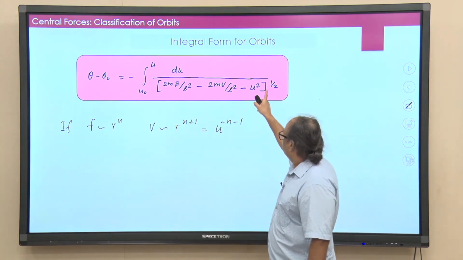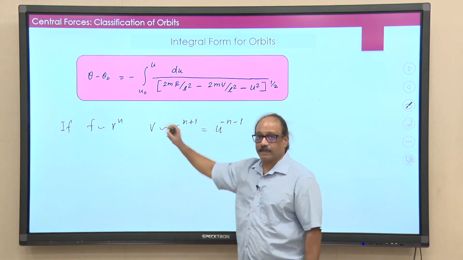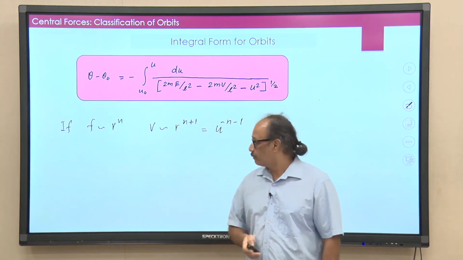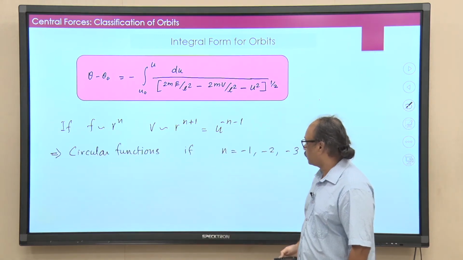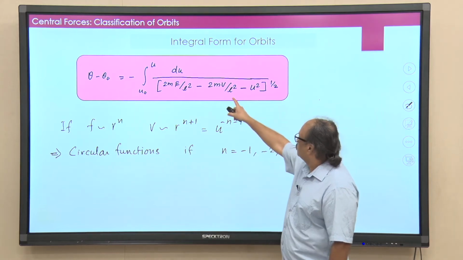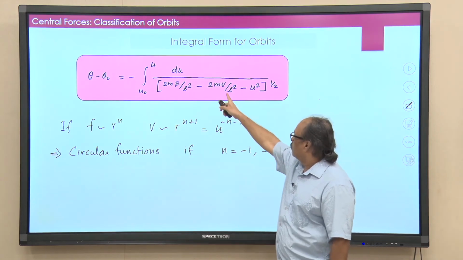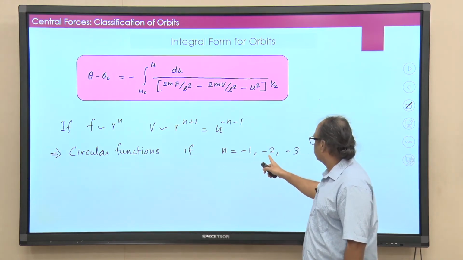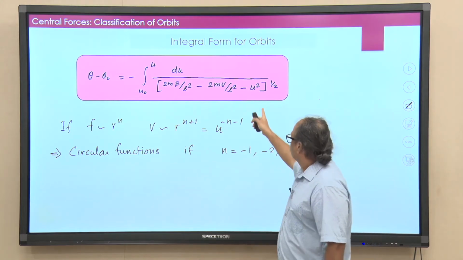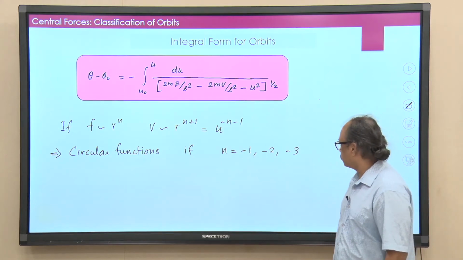So, if the quantity inside this bracket is quadratic, the answer is really simple, and that we can immediately write down. So, I will get circular functions. When will I get a quadratic equation inside this? If n is equal to minus 1, minus 2 or minus 3. Only in these three cases we will get quadratic inside, and then the solution will be simple.